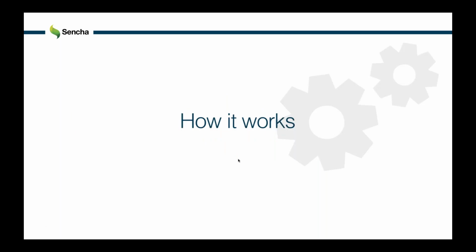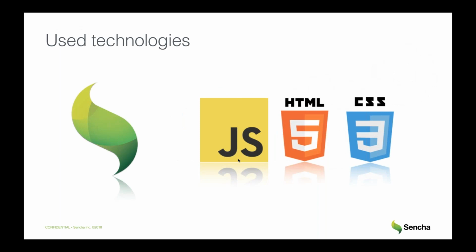And how does it work, in general, internally? As I said, it's pure front-end technology, so it's using pure JavaScript, pure HTML, and CSS. But the good thing about Ext JS is that to use it, you do not need to be an expert in HTML or CSS, for example, because Ext JS will generate HTML and CSS for you.